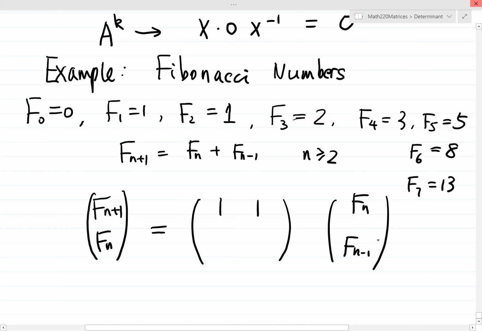So Fn+1 will be Fn plus Fn-1. Now Fn is just the row times column, 1, 0. So you check row times column, then you get Fn equals Fn. So this is a matrix. This is matrix A.